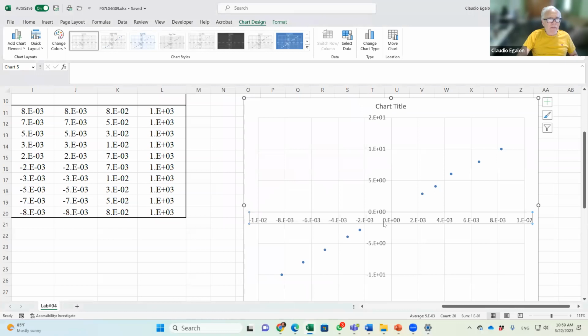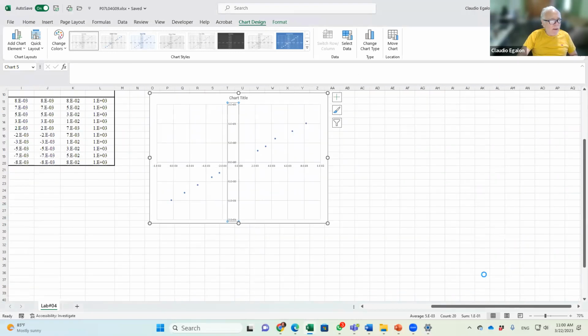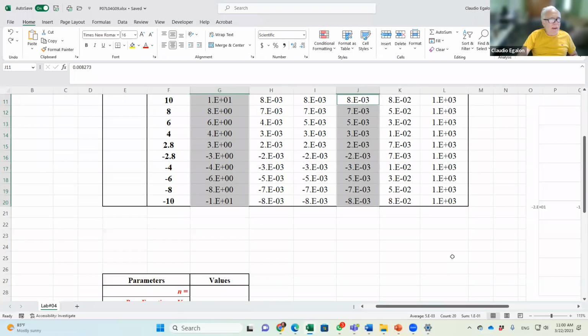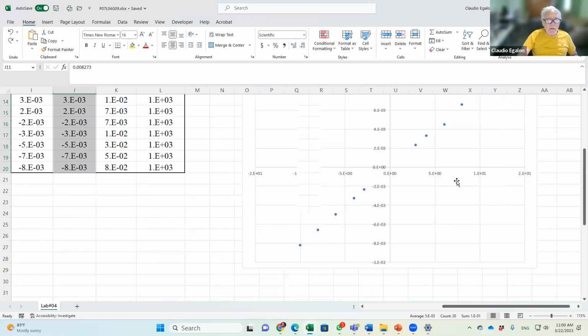Let's make sure we have the right values here. Here should be I. Here should be V. Right? It goes all the way up to 10. Before, I had the current in the vertical and the voltage in the horizontal.